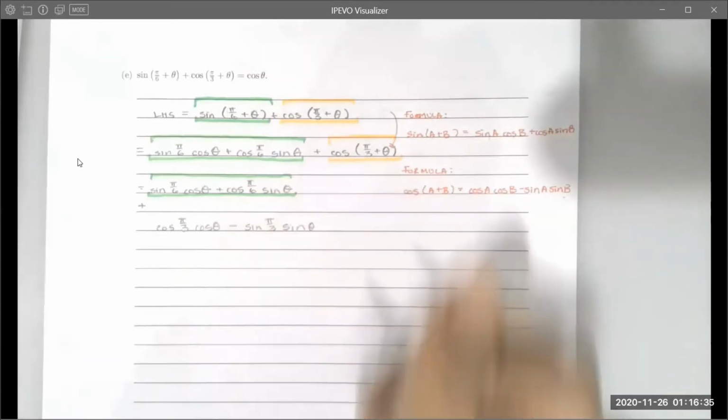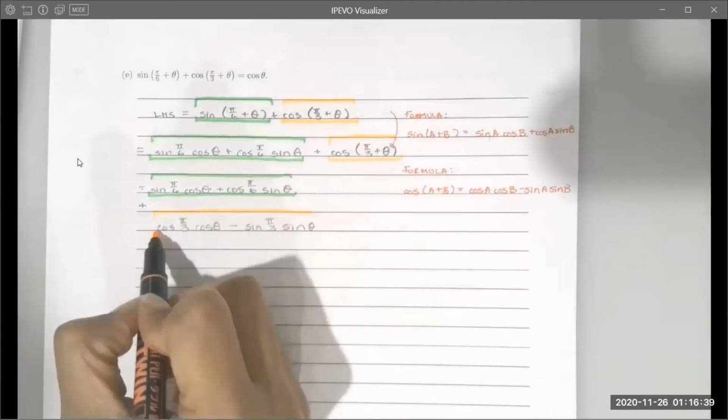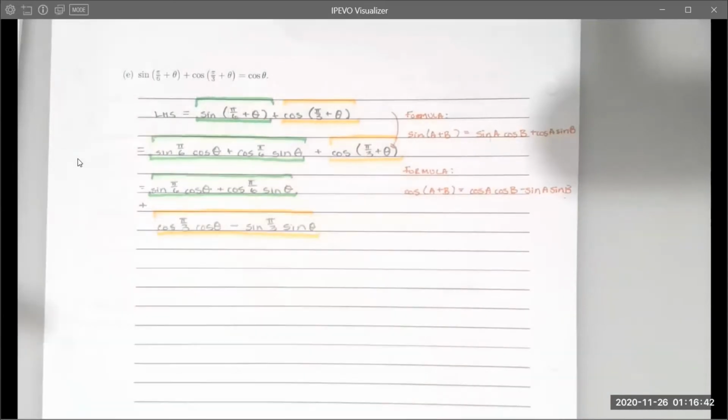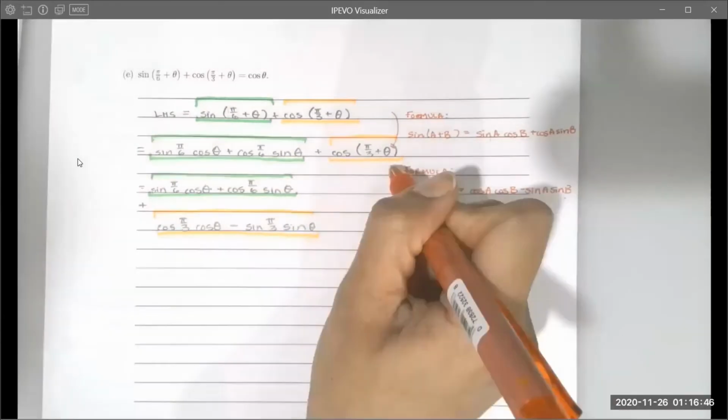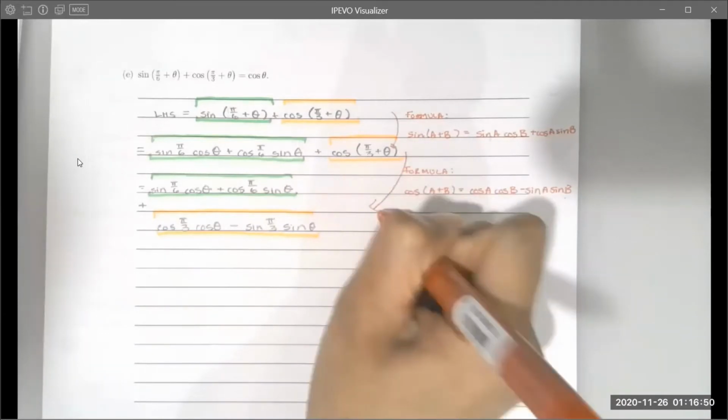And that is the second term expanded. So from this step to this step, this is what we're applying.